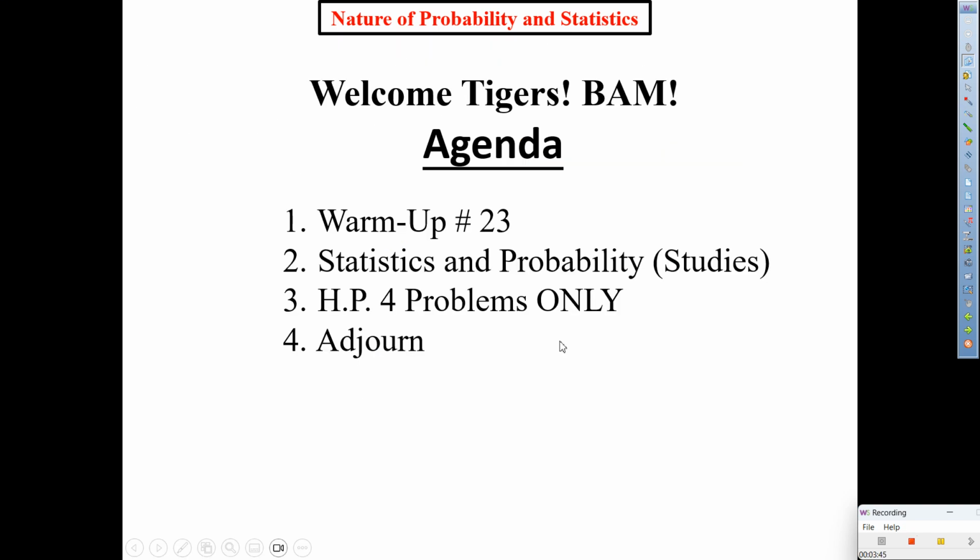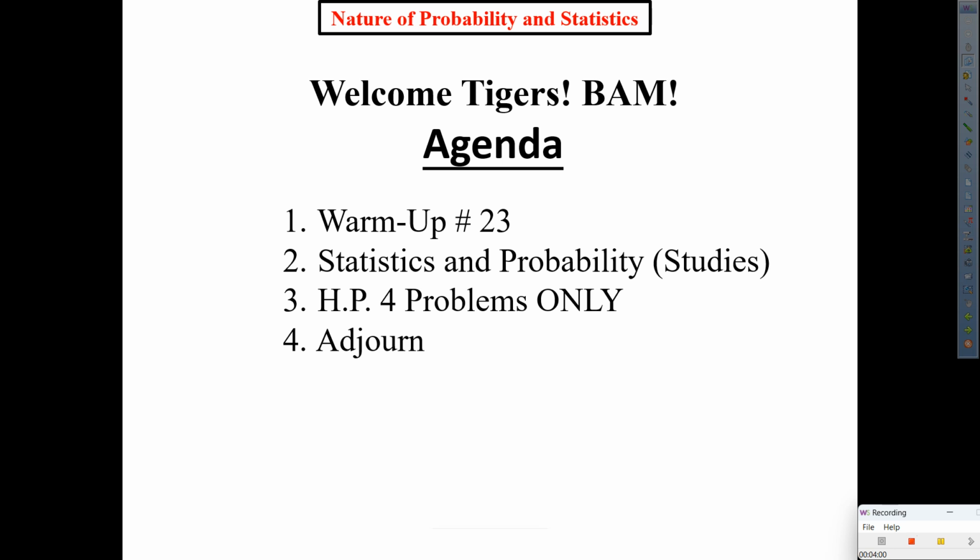Warm-up number 23. Today we're still in the middle of statistics and probability, and today we're moving on to studies, the different types of studies that are given for collecting data. Last week and the previous week, we went with variables. We went with the different types of surveys. We went with census.